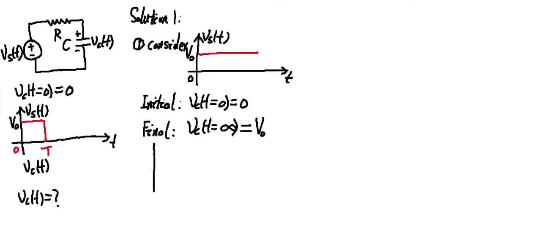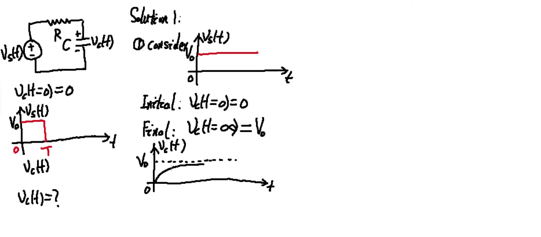Now we can graphically express the evolution of Vc(t) as a function of time. The initial state is 0, and the final state is V0, so it will go from 0 to V0. We know the physical solution is a curve like this.